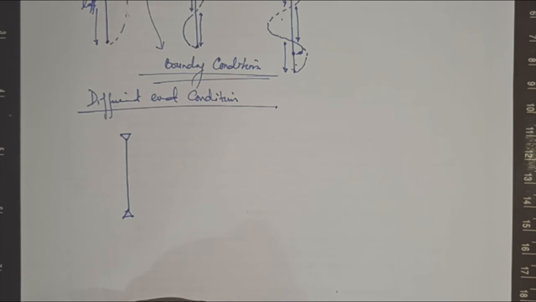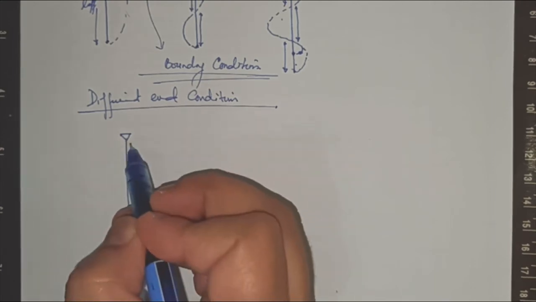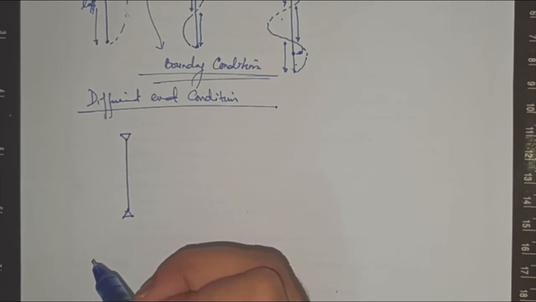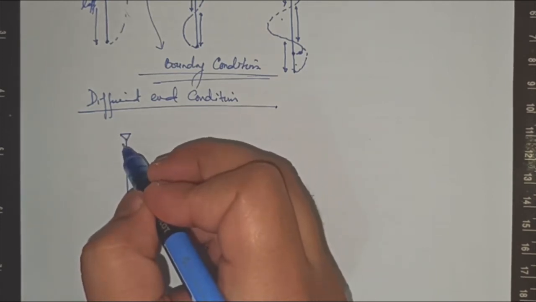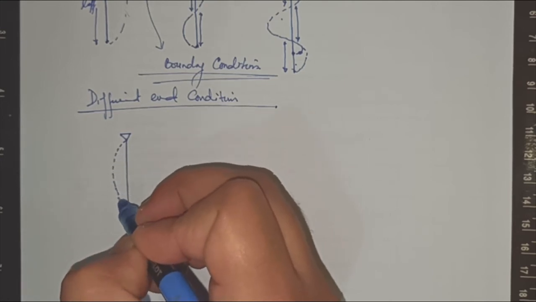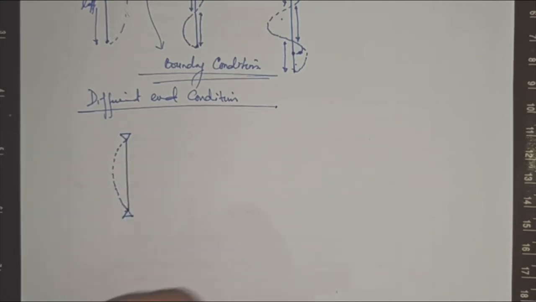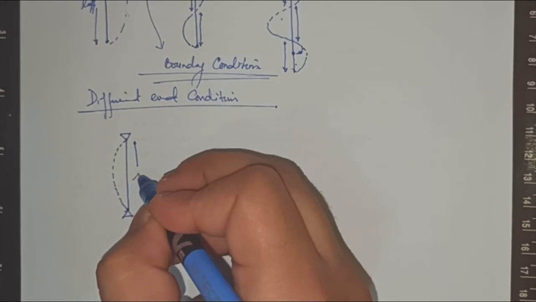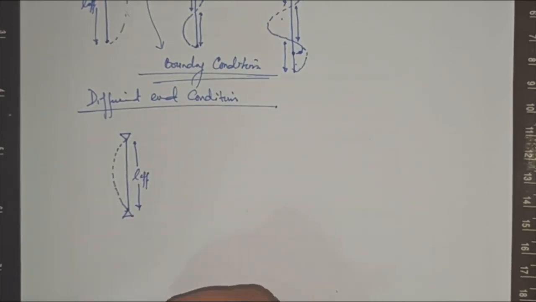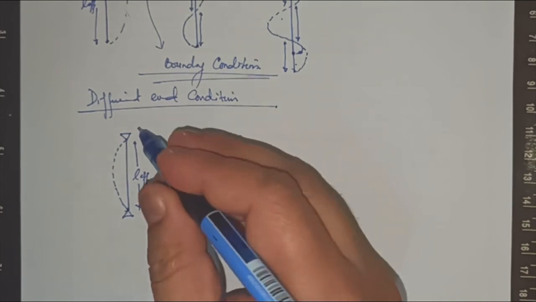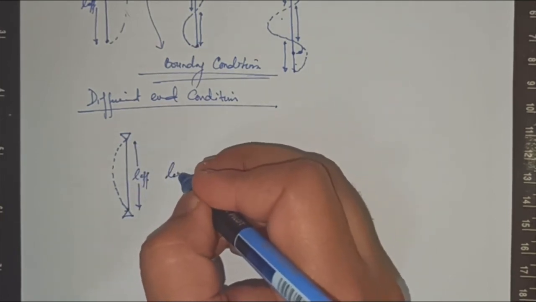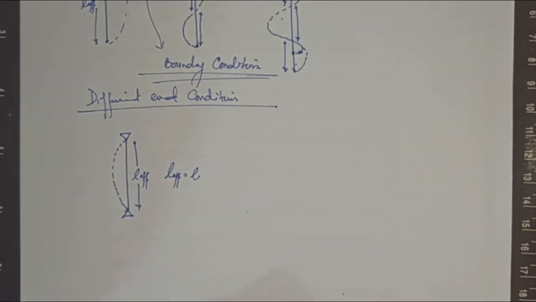In a typical pin case, a column is pinned at both the ends. In this case, as I have seen, my buckling occurs in this fashion only. So my effective length was the overall length of the column.